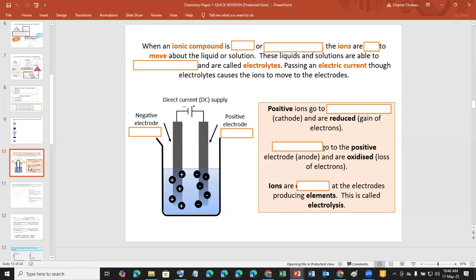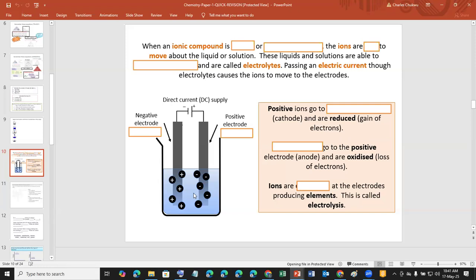All right. The important thing to remember is that like charges repel and unlike charges attract, and it would help you a lot. In an electrolytic solution, just like I told you for sodium chloride, the sodium chloride will allow electricity to flow through it. Why? Because of the ions inside it.